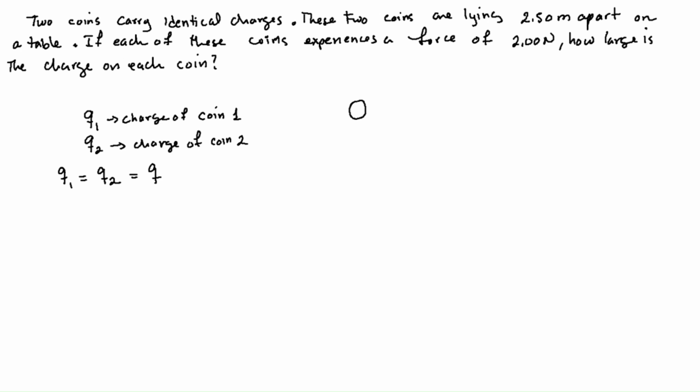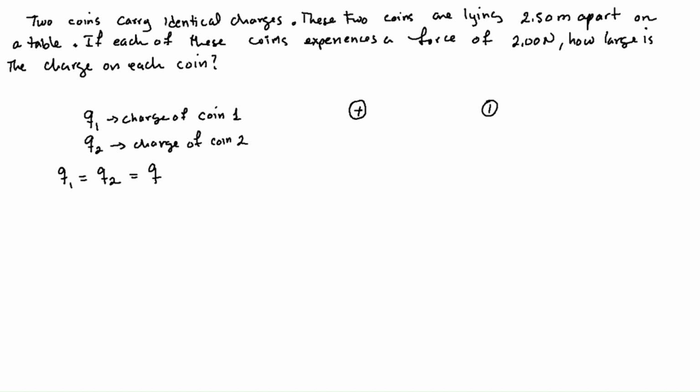They say that they are identical, but we don't know if they are positive or negative. Let's assume that they are both positive. If they are both negative, the calculation will be the same, except that the magnitude of the charge will be negative at the end, but they don't say anything about it. So I will be assuming that they are both positive.